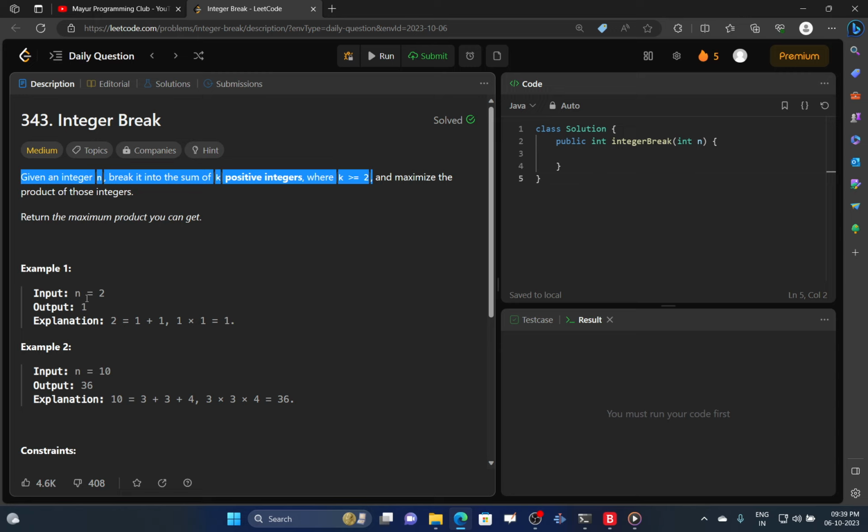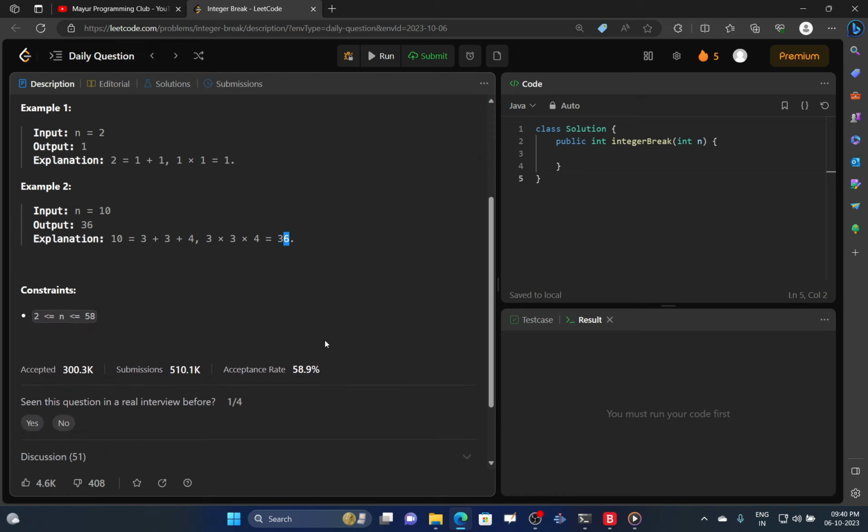For example, 2 can be broken into 1 plus 1 and the product will be 1, and here when n is equal to 10, 10 can be broken into 3 plus 3 plus 4, and the product of these three numbers will be 36. So we have to maximize this product.